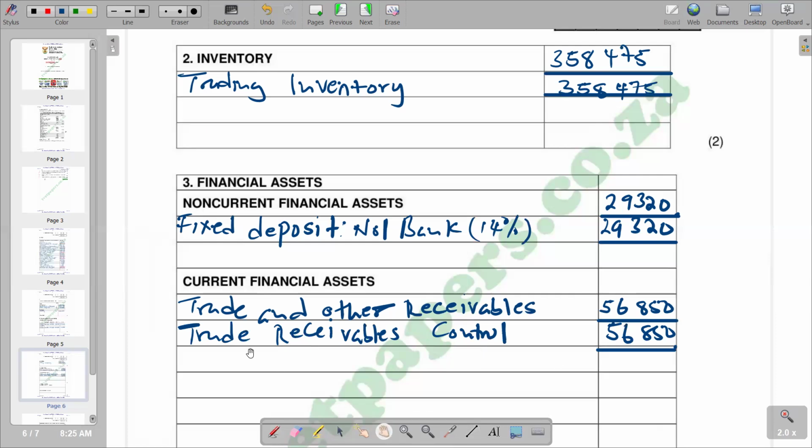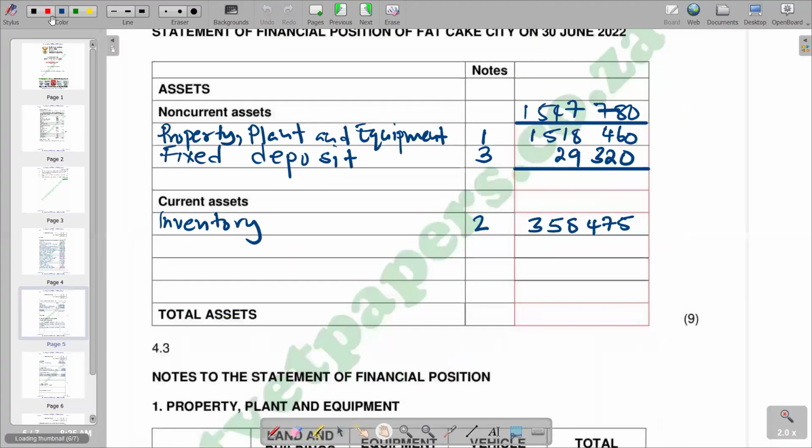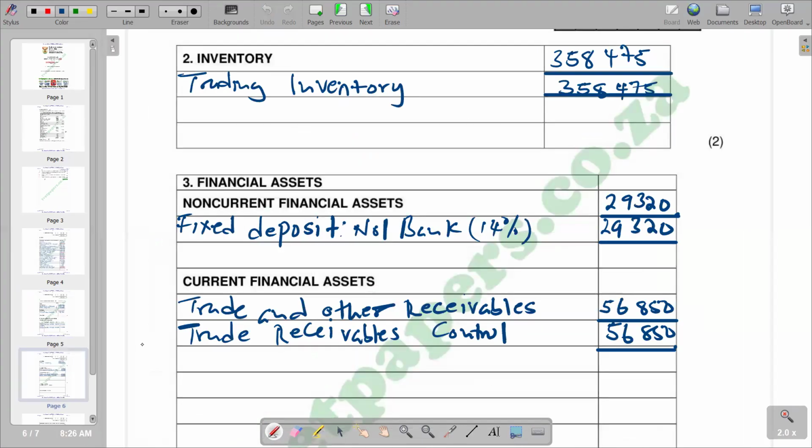So by now, we also transfer that figure to the statement of financial position, whereby it's supposed to go under current assets again, trade and other receivables. And we know that this is note number 3, with an amount of 56,850. We refer back to our notes, whereby we now move on to cash and cash equivalents.